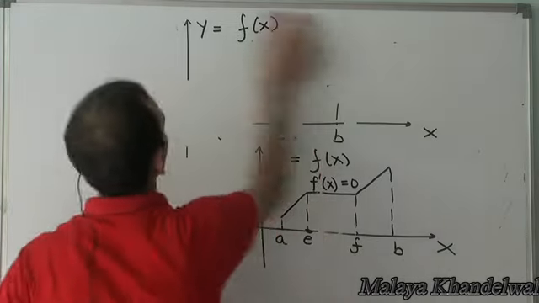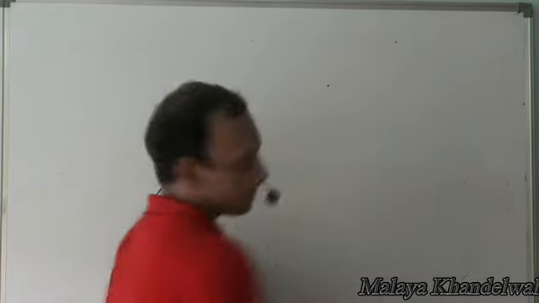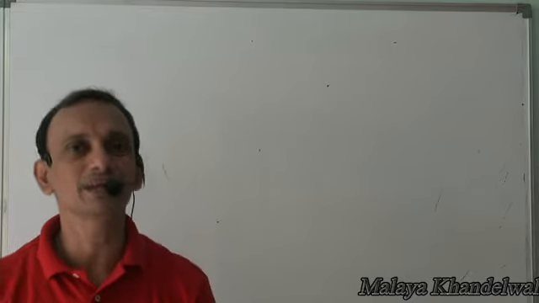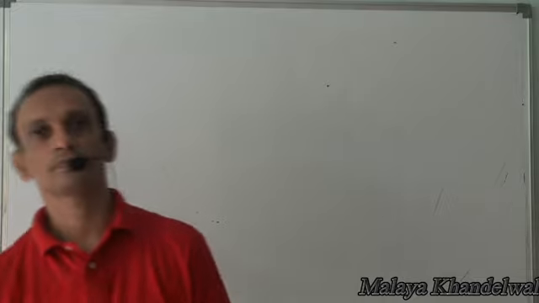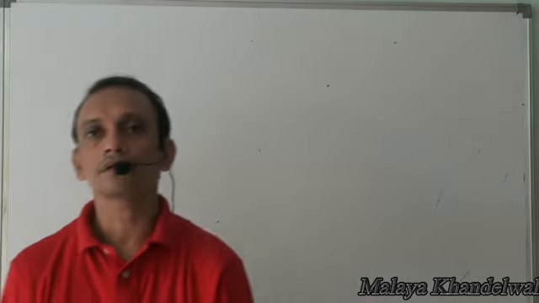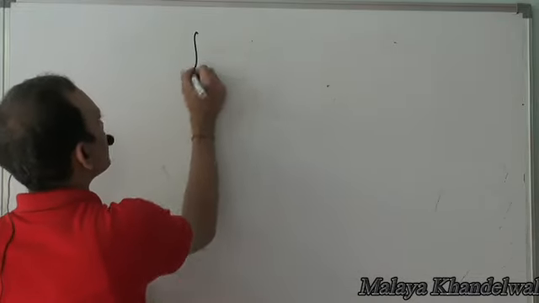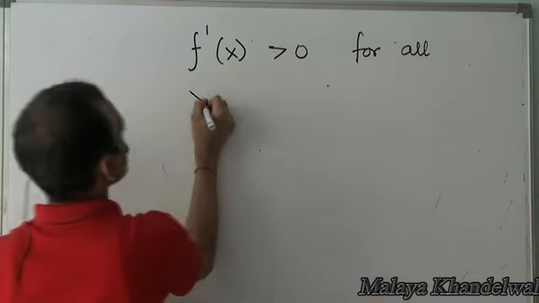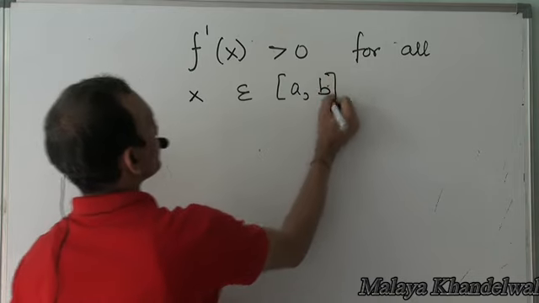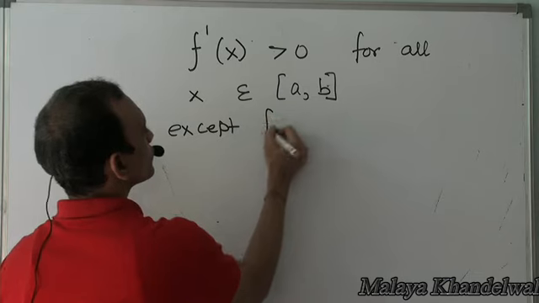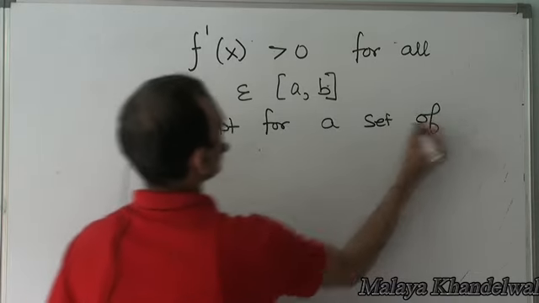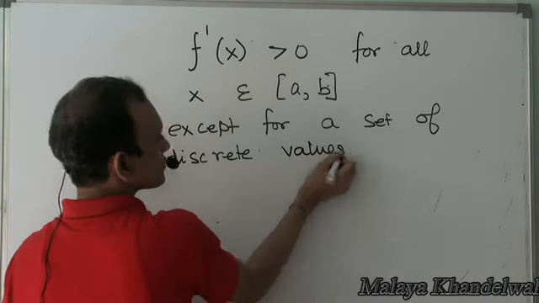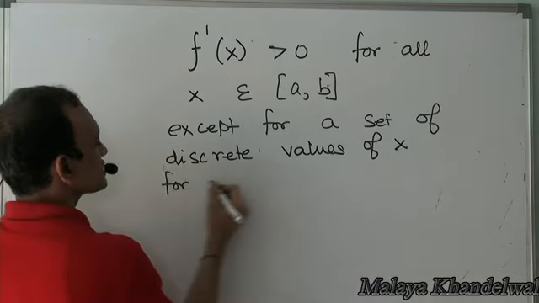So why don't you just make a note of a few things here. One, please note down, a function which is differentiable in an interval a to b is such that f dashed x is greater than 0 for all x belonging to a to b, except for a set of discrete values of x for which f dashed x becomes 0.